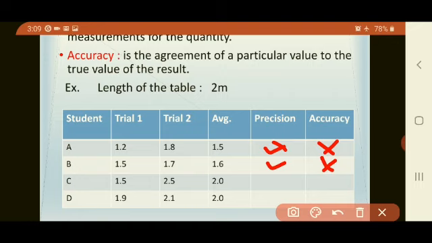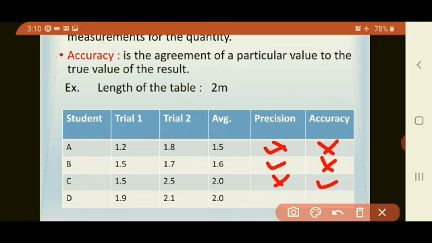Next, student C has 1.5 and 2.5. In these readings there is a vast difference, so the values are not precise. If you see the average, the average is exact, so it matches the true value and hence accuracy is there.